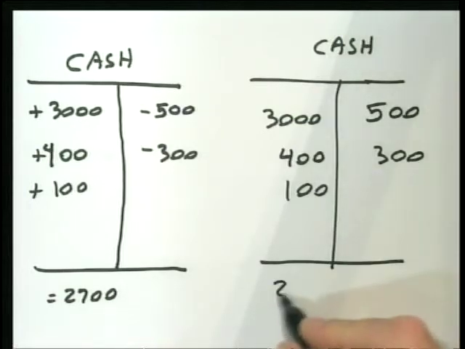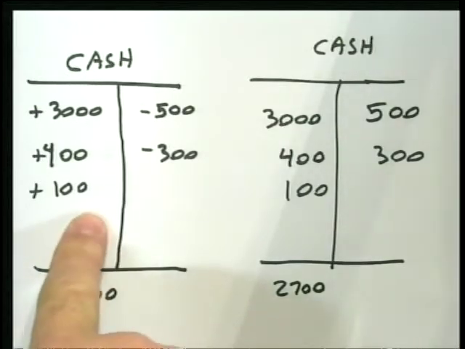And the balance is still 2,700, correct? Now, do you see the transition from here to here?